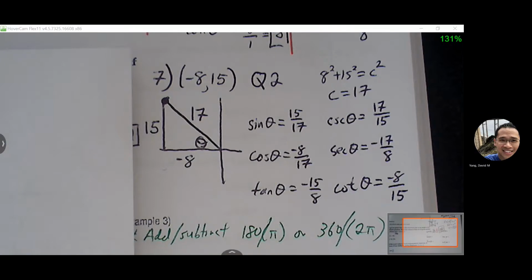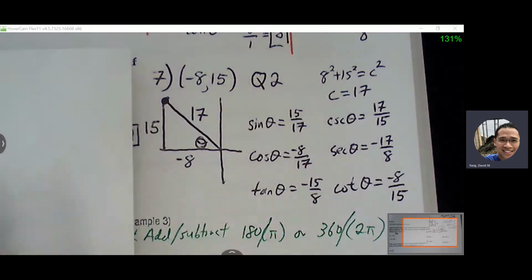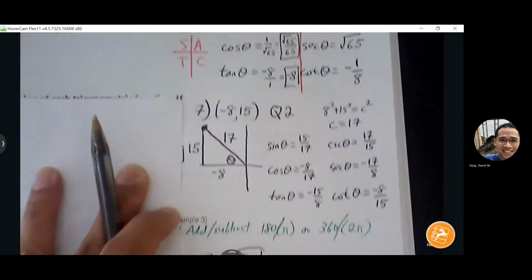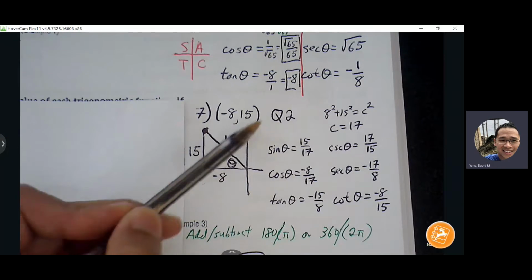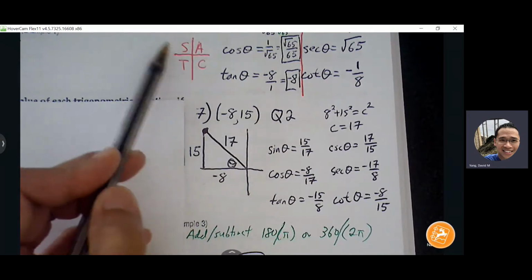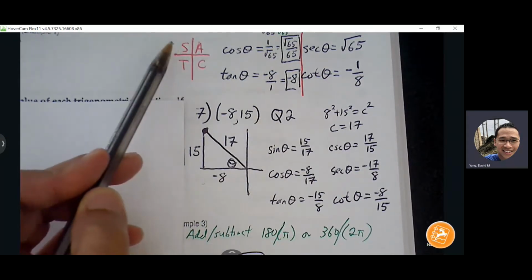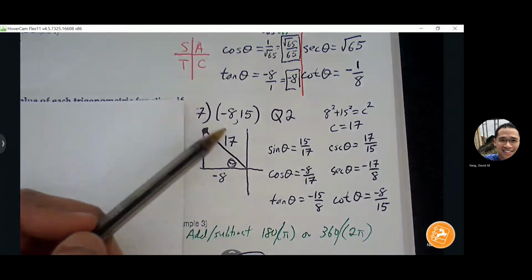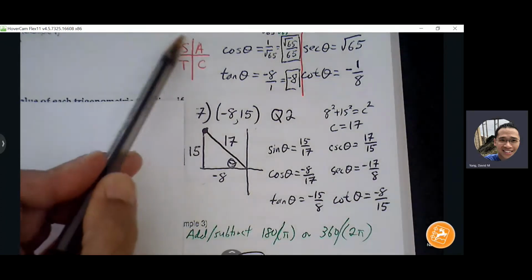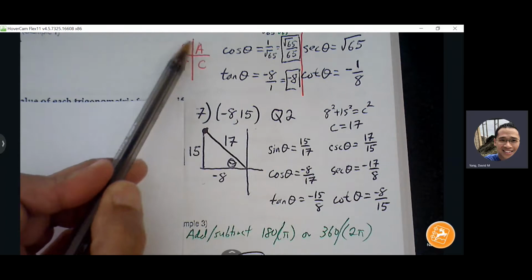Trig ratios. It's also nice to get that confirmation with this ASTC. Right, we're living in the second quadrant, so that means only sine and cosecant are positive.